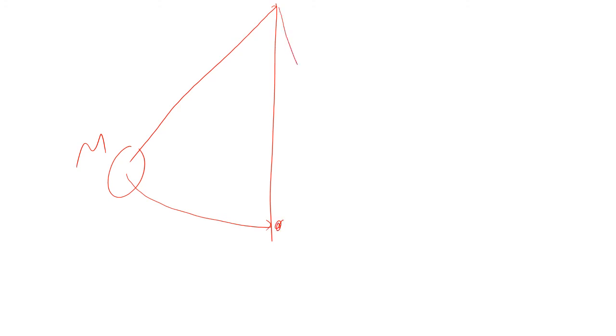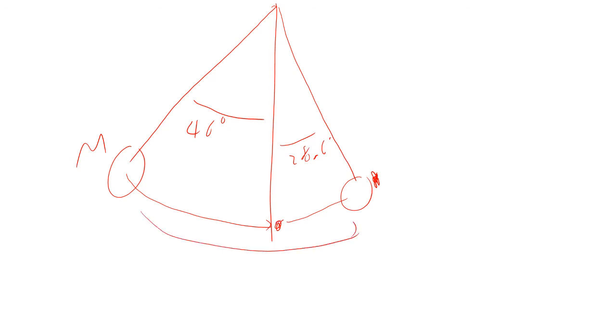We started off here with this mass M, swung down, hit a small mass, swung up over here with the small mass sticking to it. It was originally at 40 degrees. It ended up at 28.6 degrees. Okay, and that's because of this complex sort of system right here, where in the middle we had a collision.